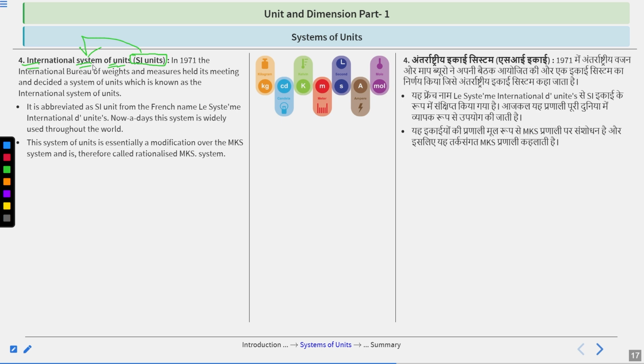It is abbreviated as SI from the French name Le Système International d'Unités. Nowadays, this system is widely used throughout the world. This system of units is essentially a modification over the MKS system and is therefore called the rationalized MKS system. Got it?